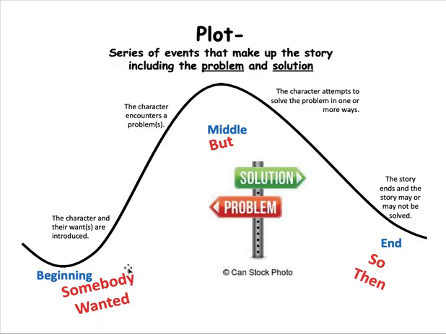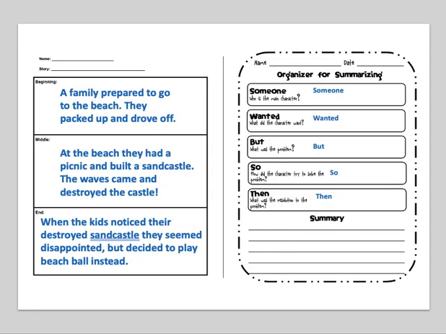This is the set of red words that we read on our story plot here. You start by saying who and what they wanted, what happened, but, at that climax, so, and how it resolved. For example, in our beach story, we might say someone, that is, a family, went to the beach. Wanted. What did they want? The kids wanted to build a sandcastle.